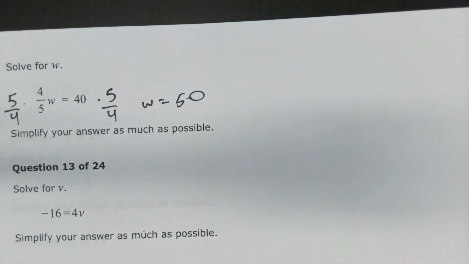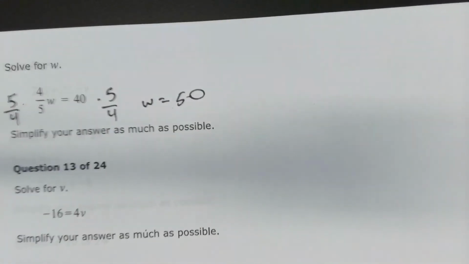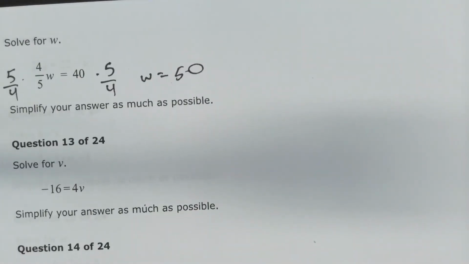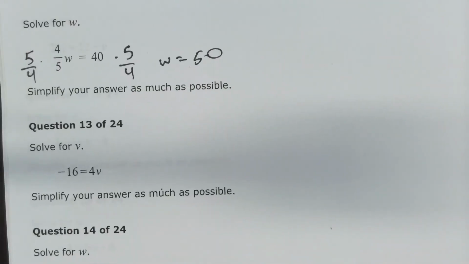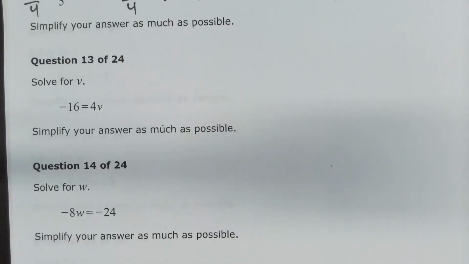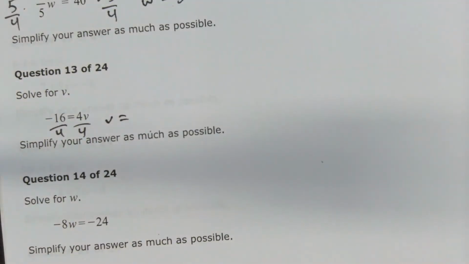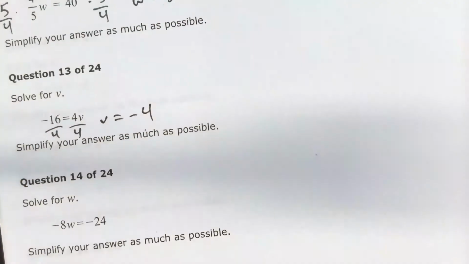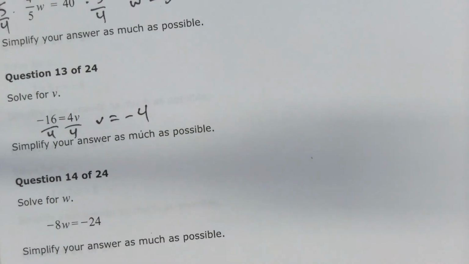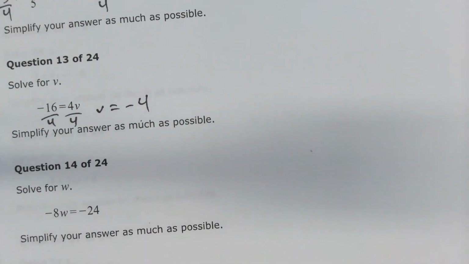Okay. Look, now we're at what? We got easier? How the heck did that happen? All right, here we go. Number 13, Ashlyn. We divide by 4, which gives us v equals what, Ashlyn? Perfect. Okay. Jackson, number 14.